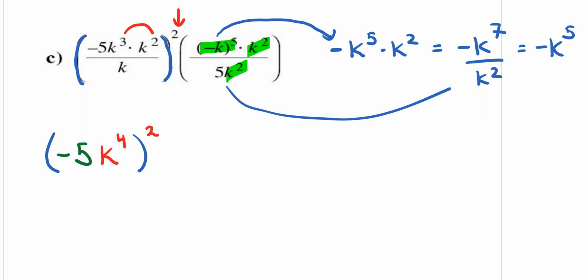Okay, so if I go ahead and start the next set of brackets there, I have this negative k to the 5, and then that's going to be divided by this single 5 down there.